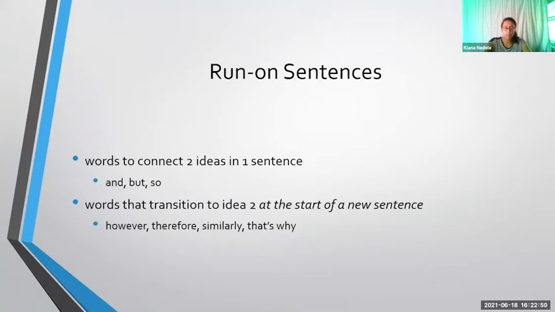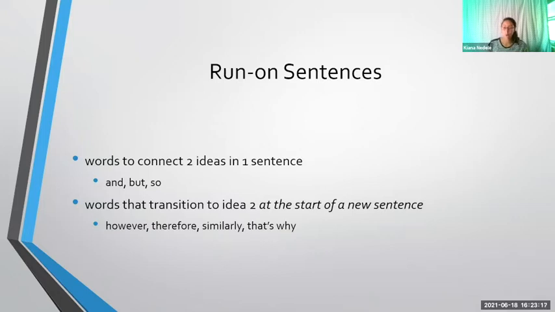All of these words listed here, or that you said earlier, these are words that we use, so we'll have the comma and then this word, comma and, comma although, comma but.